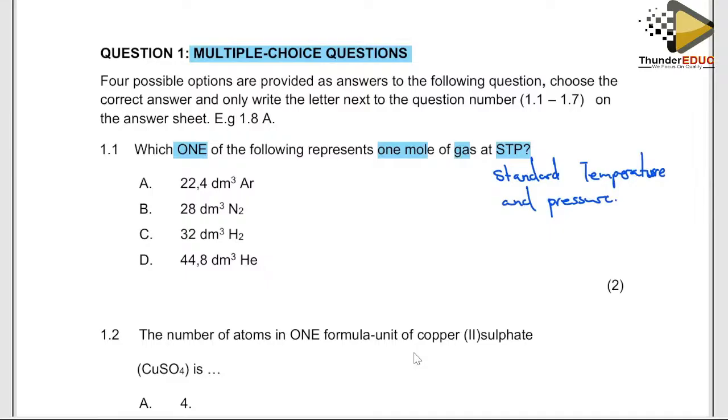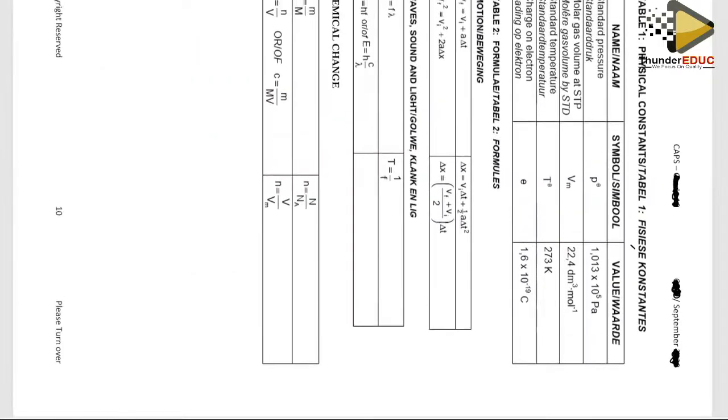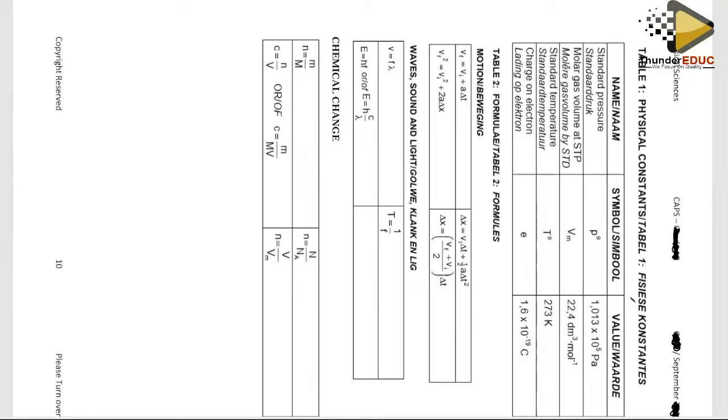So according to this, if we can just quickly go through our periodic table or the data sheet, we are actually going to take note of the values that we are given there. For example, here we're given the molar gas volume of anything at STP, which is your Vm, and it gives you a value of 22,4 dm cubed, right?